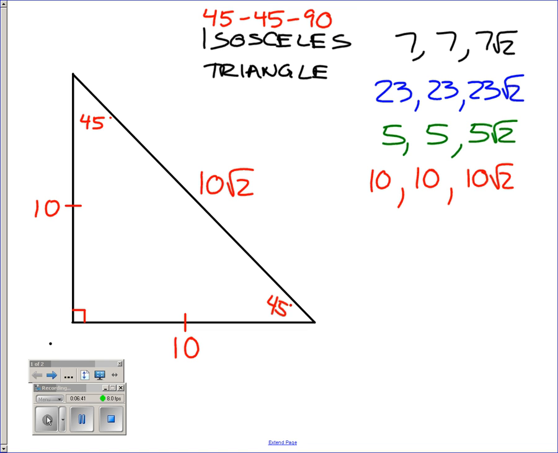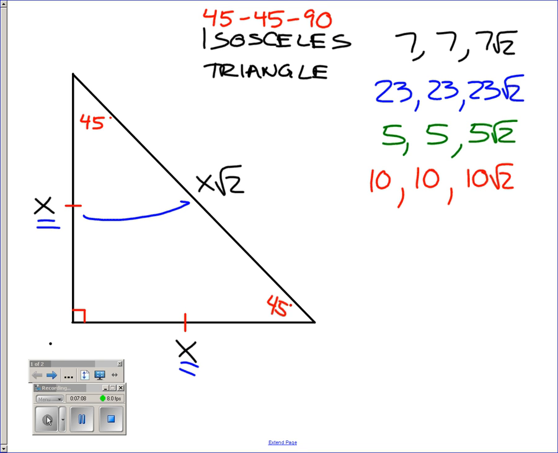So what is then the pattern for a 45-90 triangle, the ratio of the side lengths that occur? Let's call the legs both x, and this hypotenuse is x times the square root of 2. Now, if you know what the legs are, if you know those first, a side length is given.